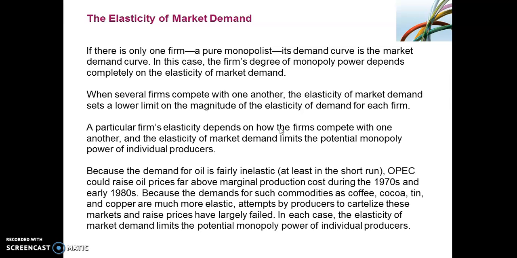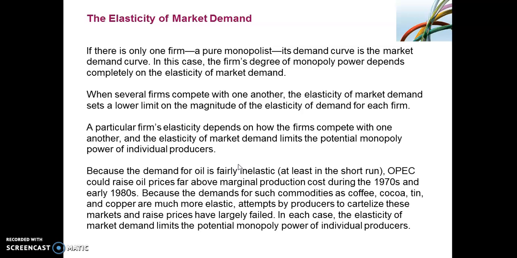But if you think about other commodities such as coffee, tin, copper, they are more elastic. So those producers can't really cartelize those markets and raise prices as such, and for the most part they have failed. Here the elasticity of market demand limits the potential monopoly power that producers could have.